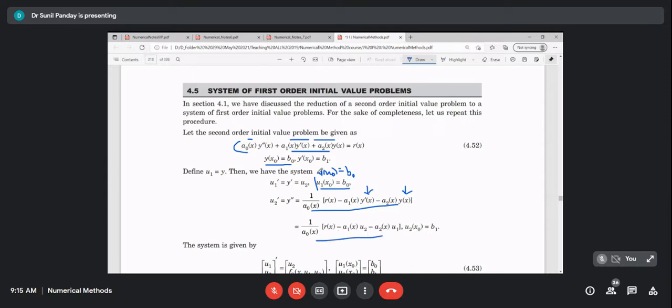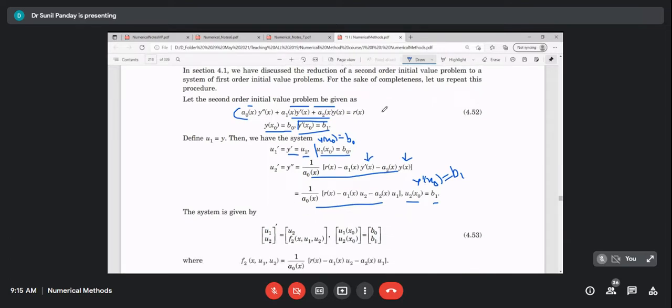Here we replace y by u1 and y dash by u2, and then we have this. The initial condition y dash of x naught becomes u2 of x naught, which equals b1.